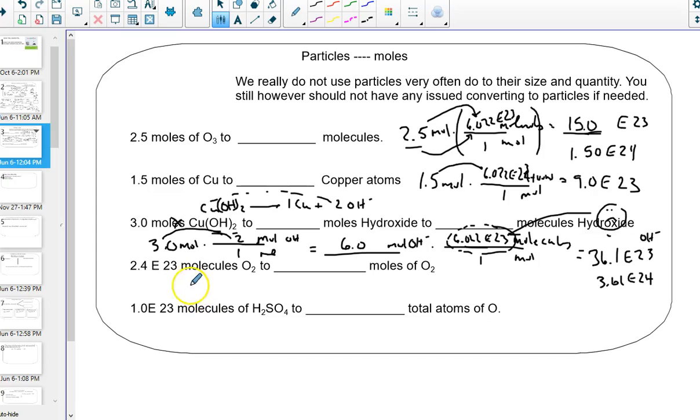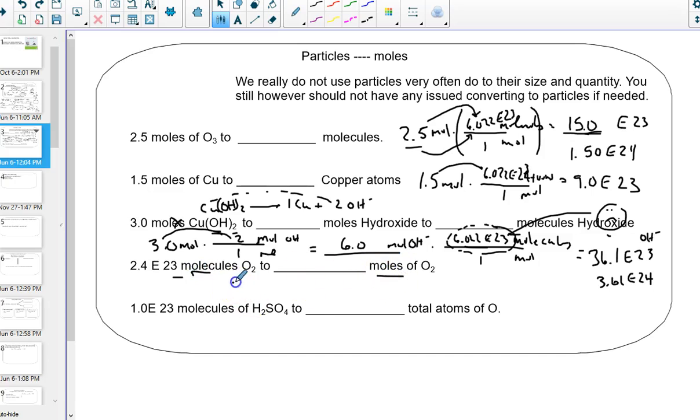All right, this guy here, molecules of O2 to moles of O2, so a pretty straightforward problem. 2.4 E to the 23rd, and just 1 mole to 6.022 E to the 23rd. I'll let you calculate that one out. Okay, this guy here, to mole total atoms of oxygen. Oh, hold on a second, let's back this up. I didn't read that problem quickly, and it says we're going backwards, molecules to moles.